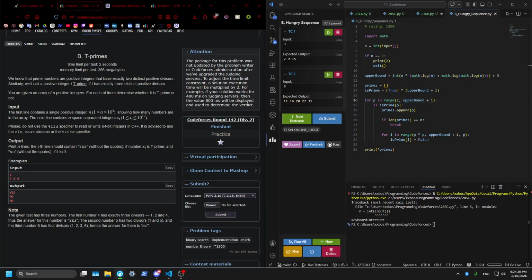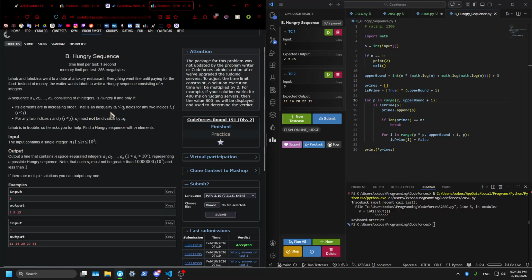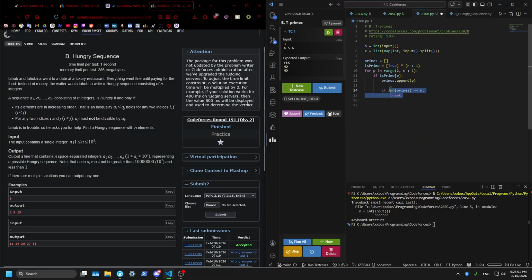Instead of finding all primes up to upper bound, find the first n primes as long as they're less than or equal to upper bound. Yes, I remember, because this hungry sequence problem basically wants the first n primes, right? So yes, this was just a modification specifically for this problem, because if we find n primes, we are done. Otherwise, we keep going until we find n primes. So yes, we do not need this piece.